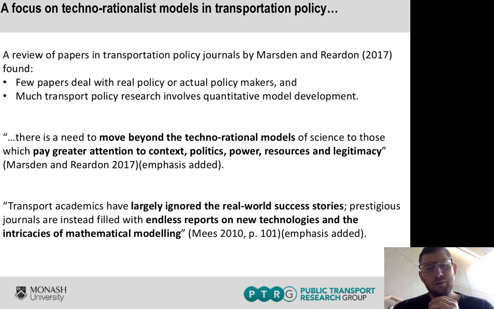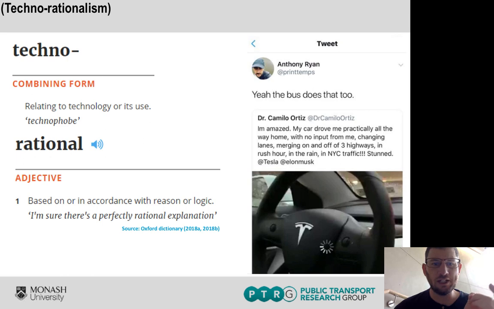But in the real world, it's politics, it's power, it's legitimacy and resources that help drive some of these decisions, not necessarily the most economic or most efficient solution. It's very easy to get lost in the techno-rational details, where you get really excited about technology, and you get really excited about making something that's the most rational, the most efficient solution.